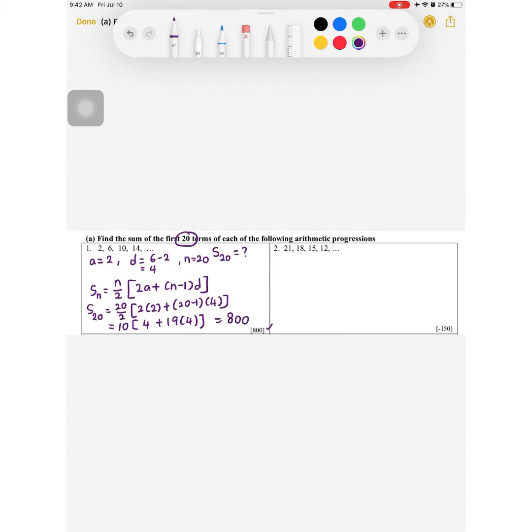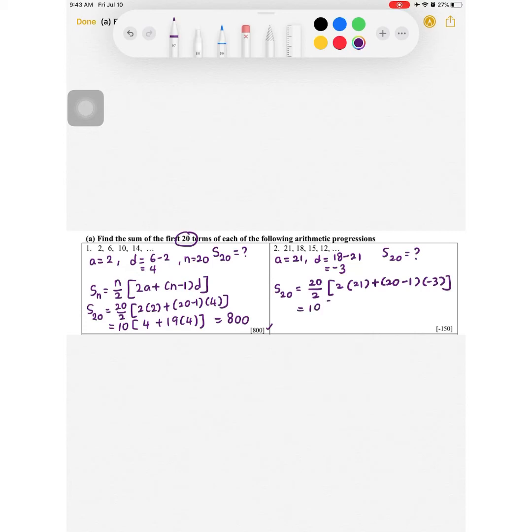For the next question, let's do it together. Still the same, you have to find S20. You know that a is 21 and d is 18 minus 21, so it will be negative 3. Using the formula, S20 equals 20 divided by 2, times 2 times 21 plus 20 minus 1 times negative 3.